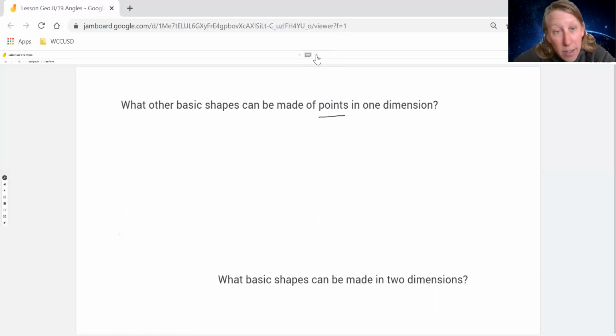And we said earlier that a point has no dimension. It's infinitely small. You can't measure it. But we can make shapes out of points that do have a dimension. They have a length. So what basic shapes can be made out of points in one dimension?